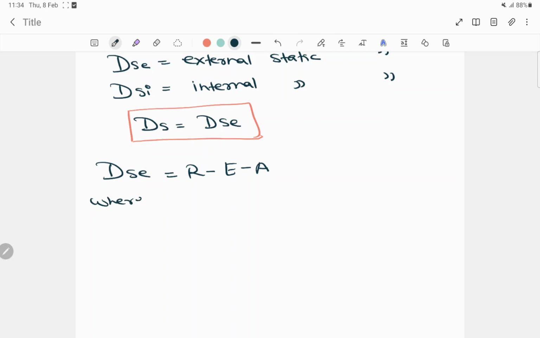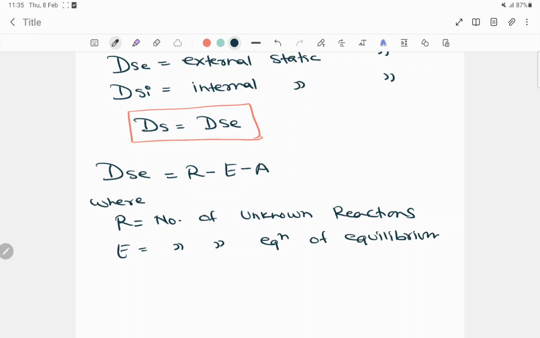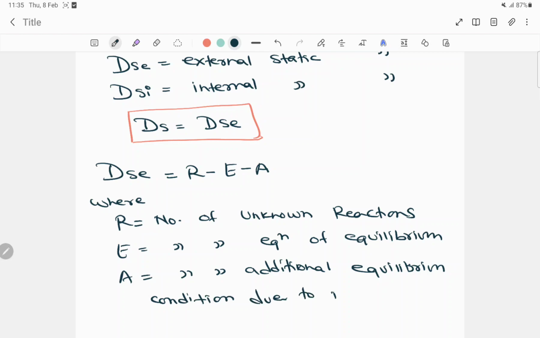Okay, so where r is equal to number of unknown reactions, and e is equal to number of equations of equilibrium, and a is the number of additional equilibrium conditions due to internal hinge.